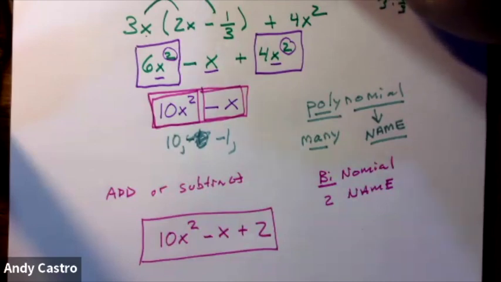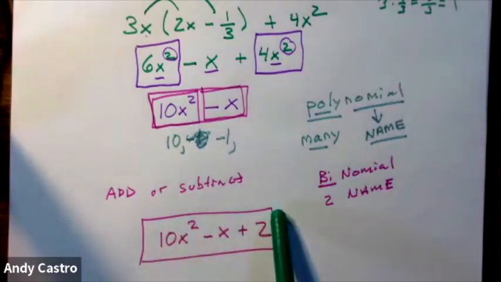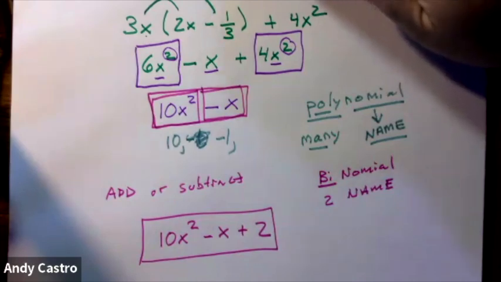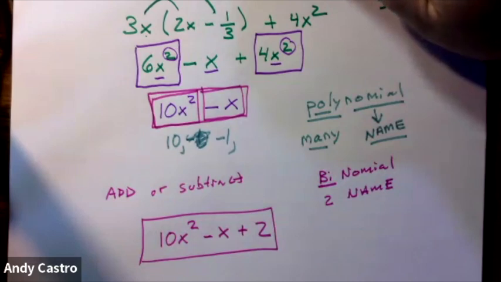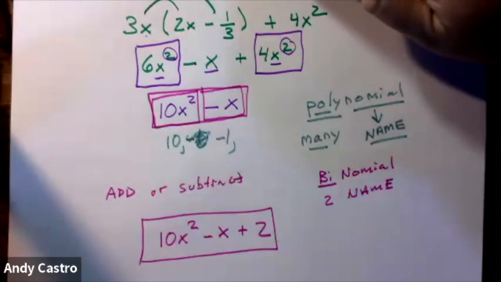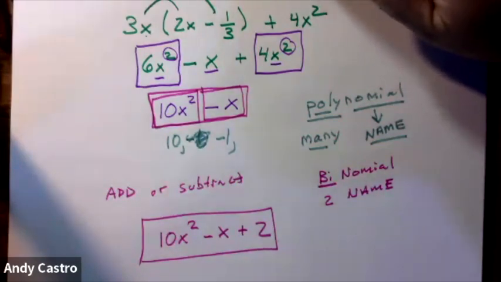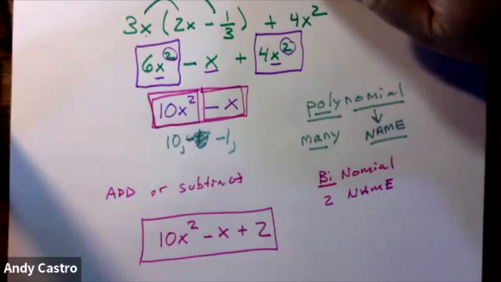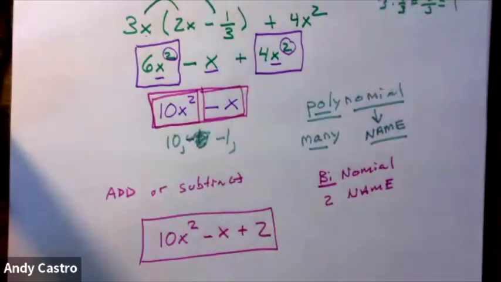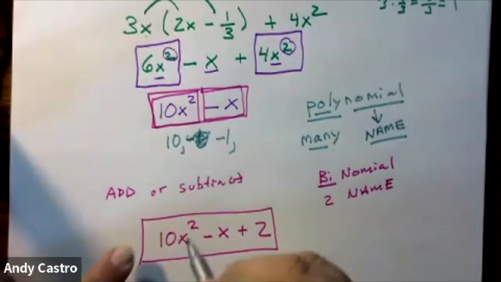What I've got boxed in right here. Don't worry, only I can see it. Don't be shy. Let's get at least one answer here. Someone could just throw me a guess. No guesses? All right.